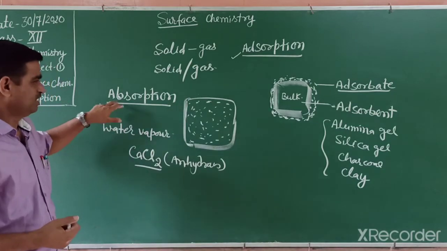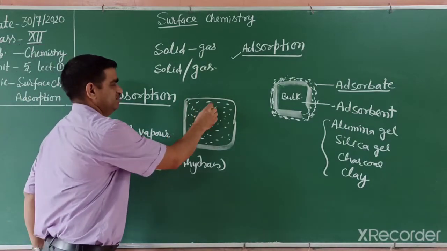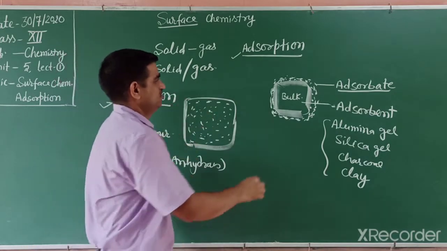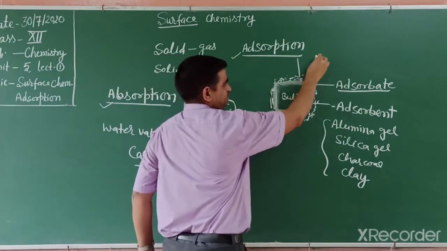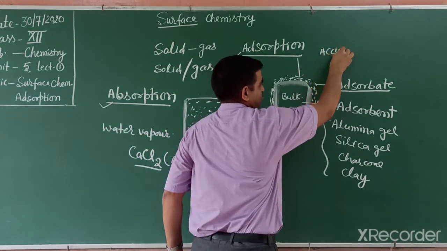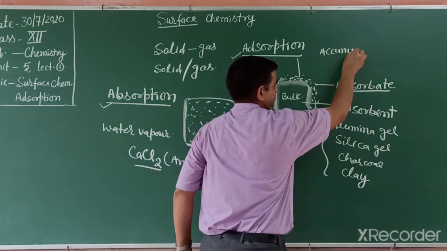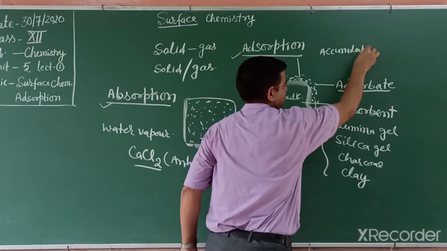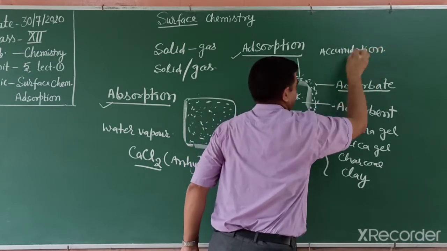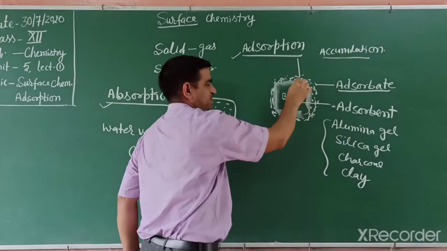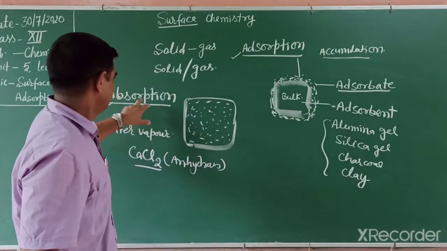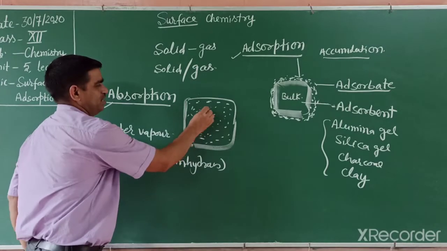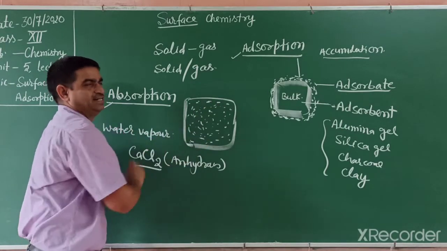So this is absorption, inside the molecule. But adsorption is the accumulation of particles on the surface in comparison to the bulk. In absorption, the molecules are equally distributed inside.